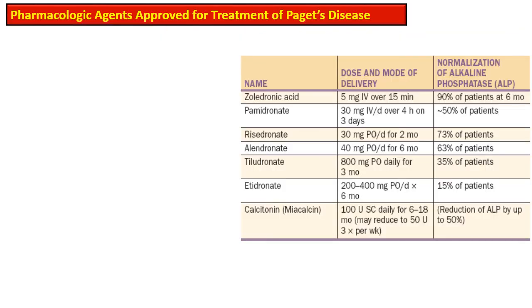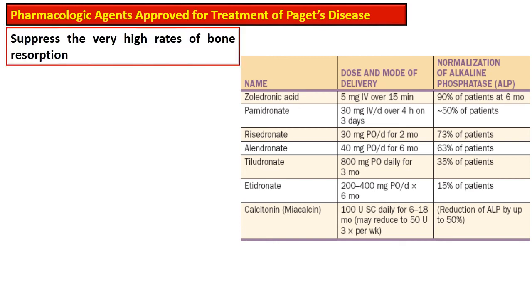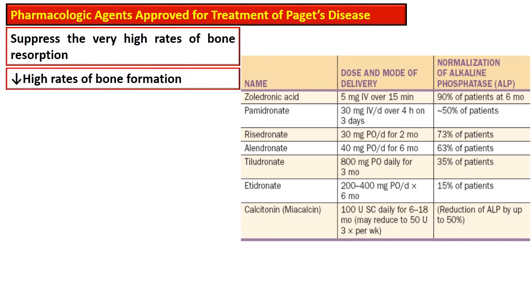The pharmacological agents approved for treatment of Paget disease are many, and the mainstays are bisphosphonates and calcitonin. These agents aim to suppress the very high rates of bone resorption and reduce the high rates of bone formation.